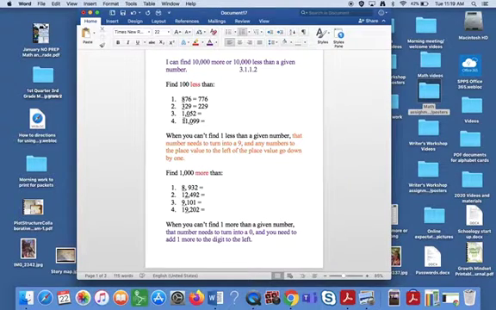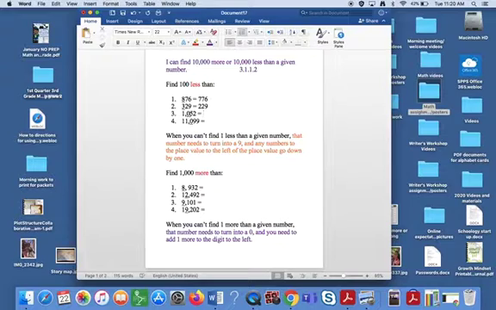So I have the number 1,052, and I underlined the hundreds place because we need to find 100 less. But this is tricky because I have a 0. How am I going to find 100 less? So I wrote this rule out here: when you can't find one less than a given number, that number needs to turn into a 9, and the number in the place value to the left goes down by 1.